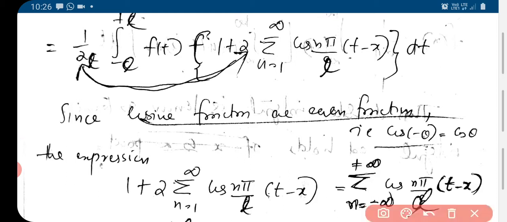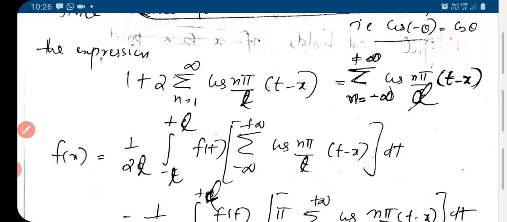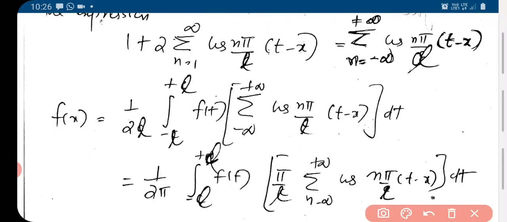For this 1 plus 2 sigma n equal to 1 to infinity cos n pi by L (t minus x), I am writing sigma n equal to minus infinity to infinity cos n pi by L (t minus x). Okay, so that I am doing here. So I have f of x as equal to 1 by 2L this, and here I am writing this.